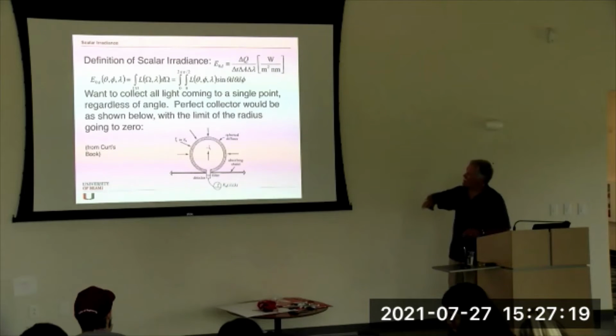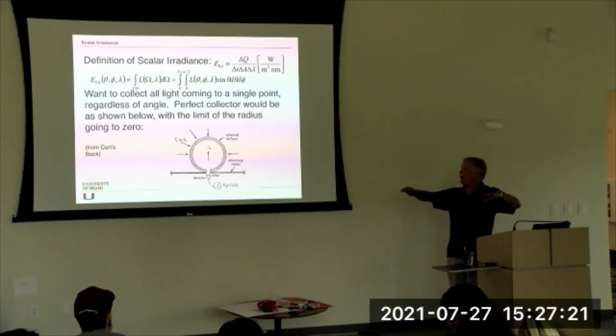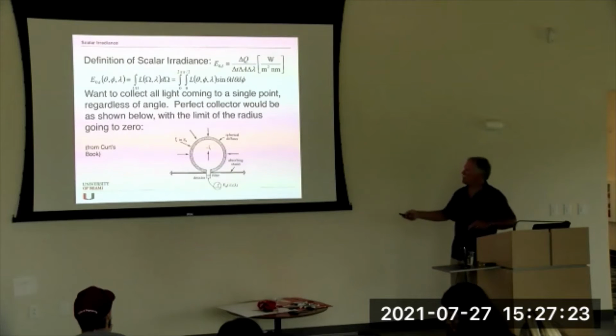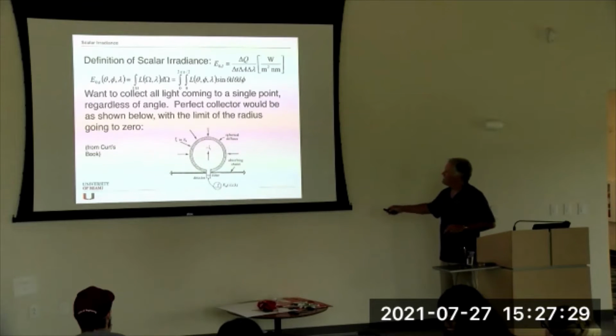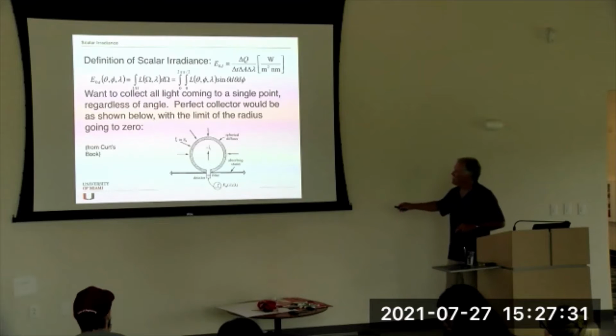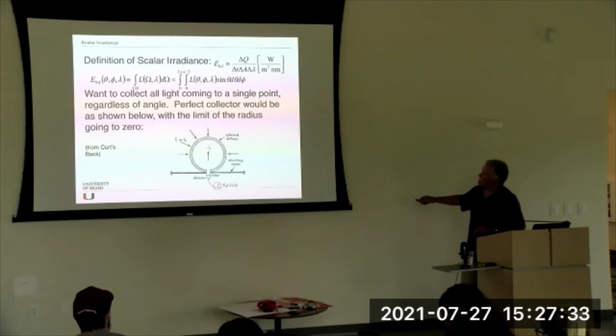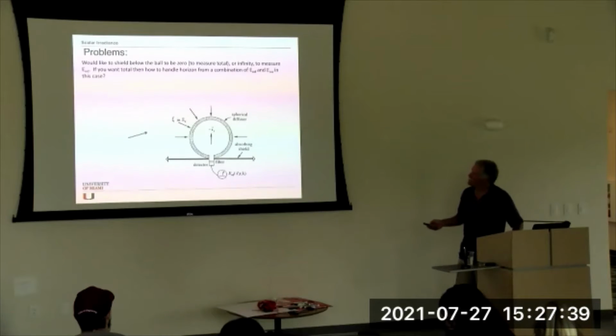So you can talk about measuring just the upper hemisphere part. So you have some sort of a shield that goes pretty far out to block light from coming from this direction, but at some point it will get to your little collection sphere. So there are limitations for measuring the E0D or E0U.